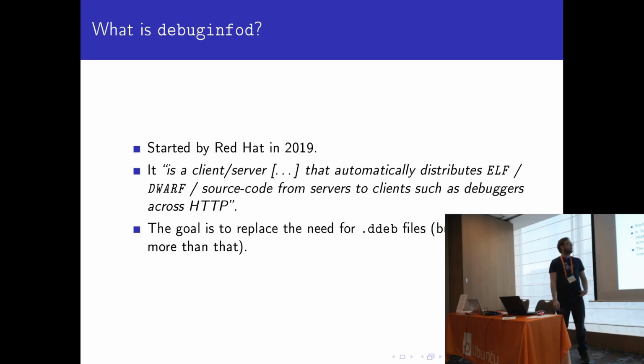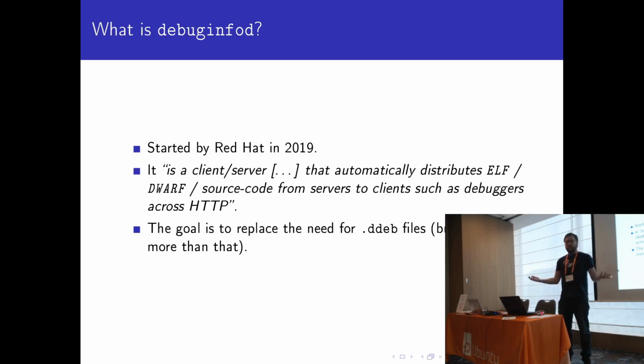So it's an awesome project, and it is a client-server project that automatically distributes ELF, DWARF, and source code to debuggers or other Debuginfod consumer clients across HTTP. In a nutshell, the intention is that you won't need to apt install the deb packages anymore in order to get access to debug info for the packages that you're debugging.